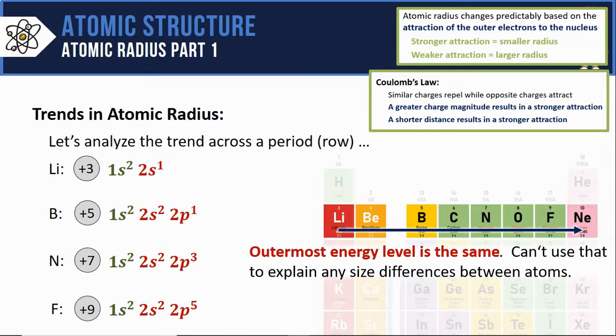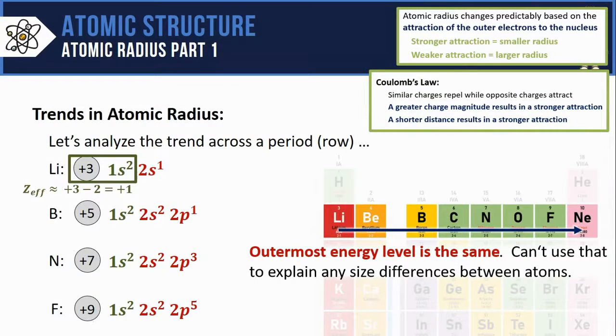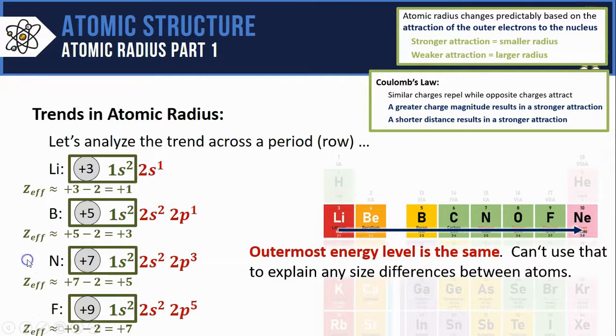Let's now compare the nuclear charges and effective nuclear charges of these atoms. In lithium, there's a +3 nuclear charge with 2 shielding electrons canceling it out, meaning the effective nuclear charge is +1. In boron, the effective nuclear charge is +3, nitrogen +5, and fluorine +7. So finally, we have something different about these atoms. The nuclear charges and the effective nuclear charges increase as we move left to right.